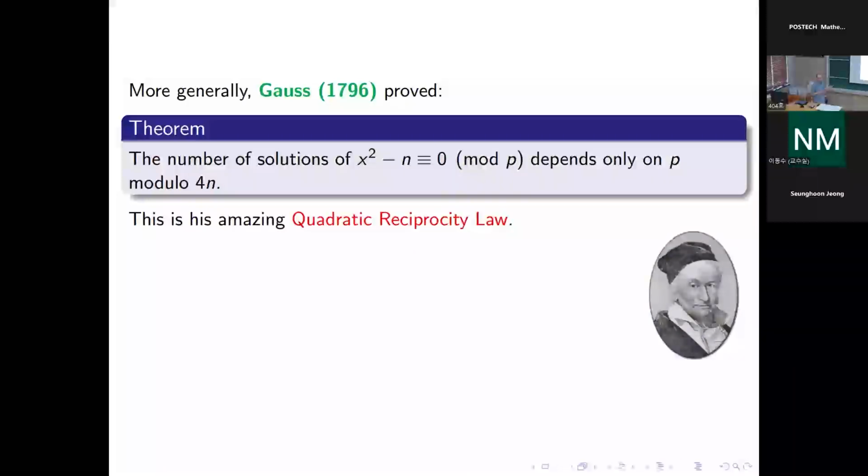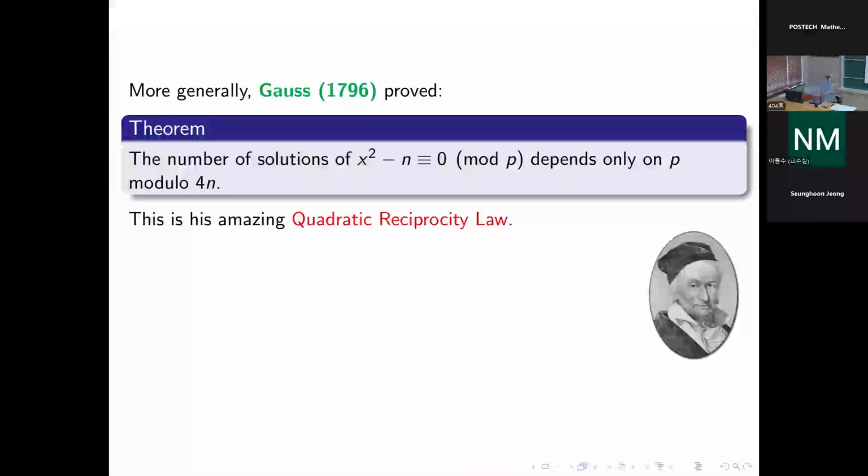Whenever you want to solve the question of squares modulo p, the answer only depends on p modulo some other integer, which is completely unclear from the beginning. Like here, when we look at this problem, it's not clear at all that there will be a simple recipe that only depends on p modulo something else.